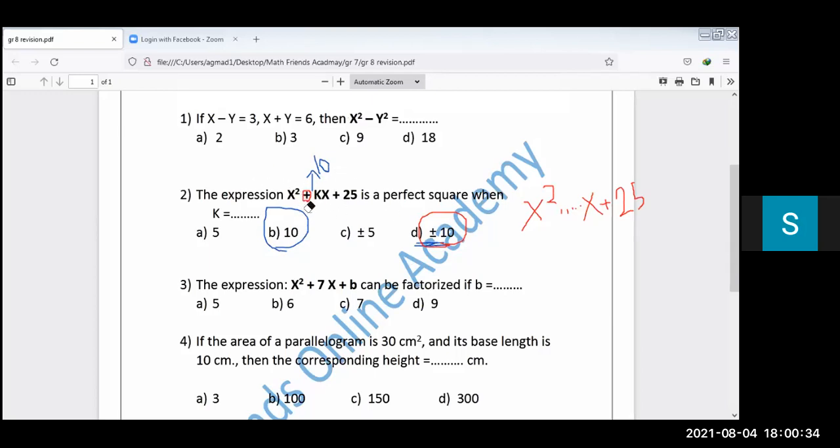It's a plus, so you need a positive number. Just 10. If you don't have a sign, maybe positive, maybe negative. You got it, dear? Yes, teacher.